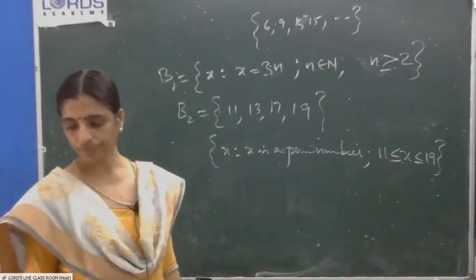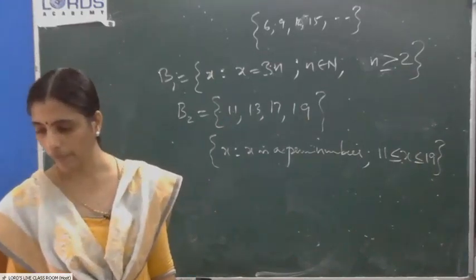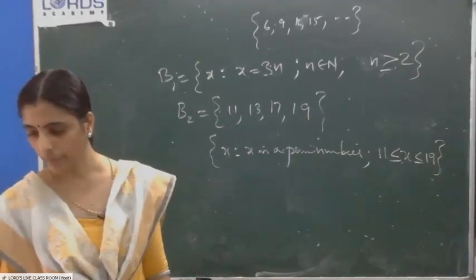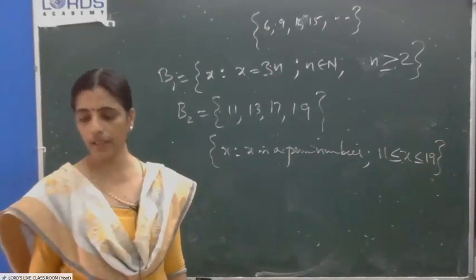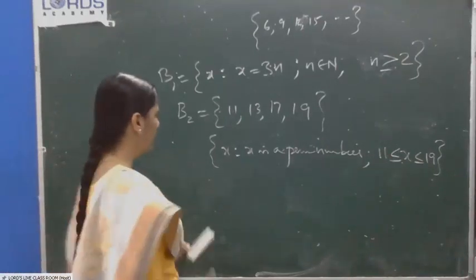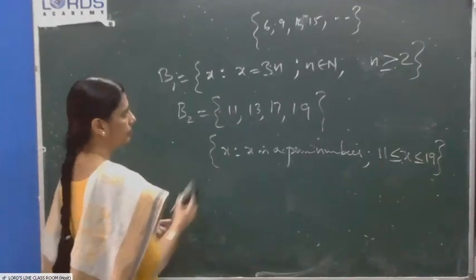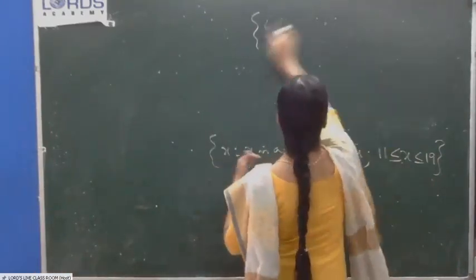Next one. B3. B3: 1 by 3, 3 by 5, 5 by 7, 7 by 9. We have done a similar question, no? Correct.